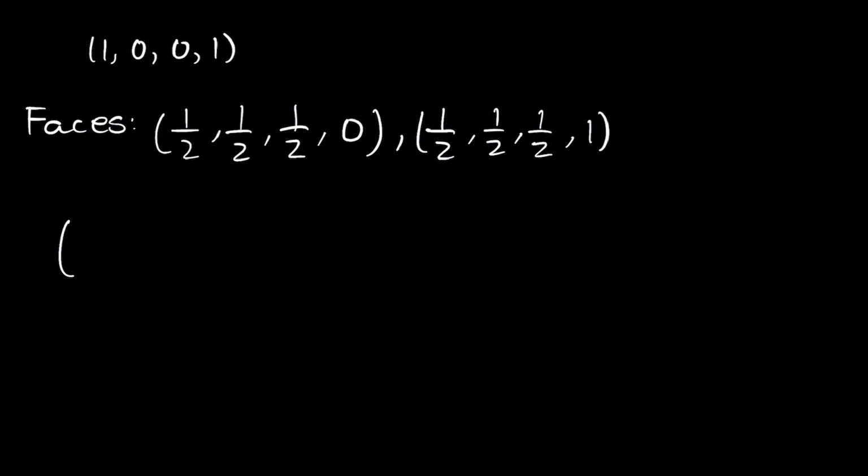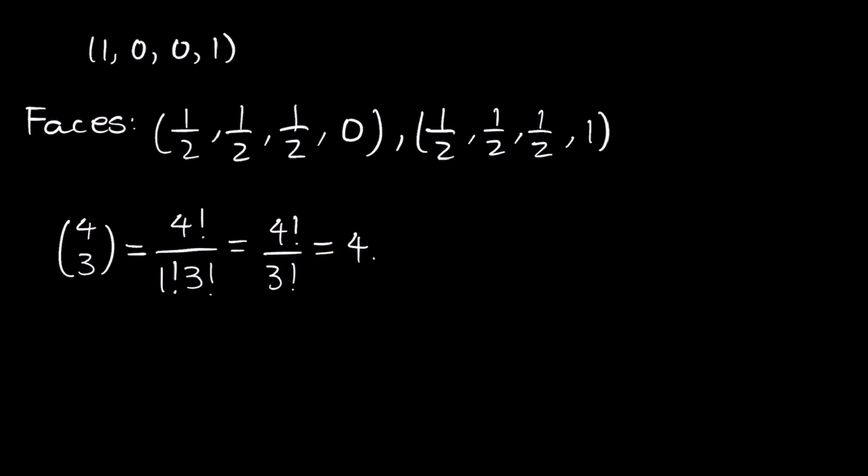Well, it's using combinations. 4 choose 3. This is equal to 4 factorial over 1 factorial and 3 factorial, which is equal to 4 factorial over 3 factorial, which is 4. But notice, now that we have arranged the 1 halves to each of its possibilities, we need to also multiply this by 2. 4 times 2 is 8, because we have a binary possibility for the remaining component that is not 1 half, which can either be 0 or 1.